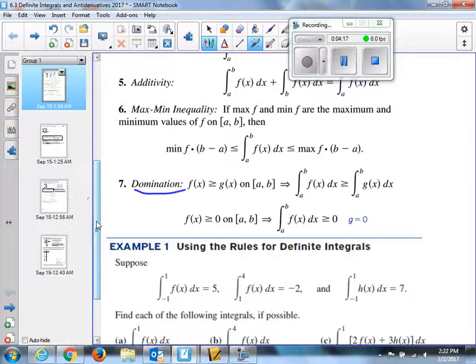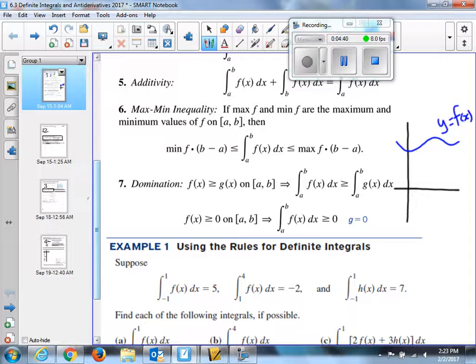Domination. If one function is greater than the other function on a given interval. So if I set up an axis here, and I'm just going to look at the one quadrant. If I say this is f of x, and I say it's always larger than g of x, at least I'm going to make it crisscross, at least on this interval from a to b.